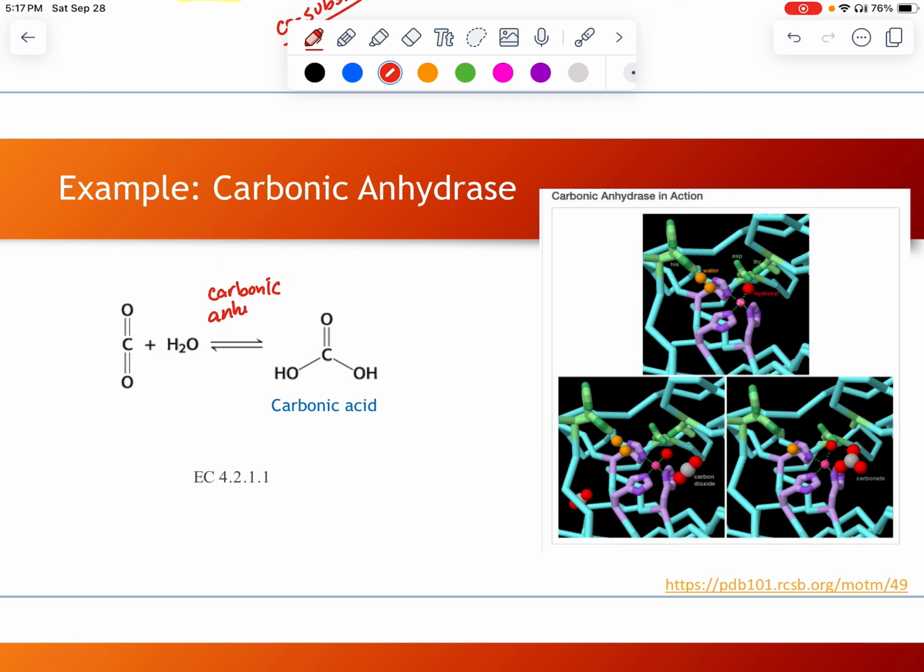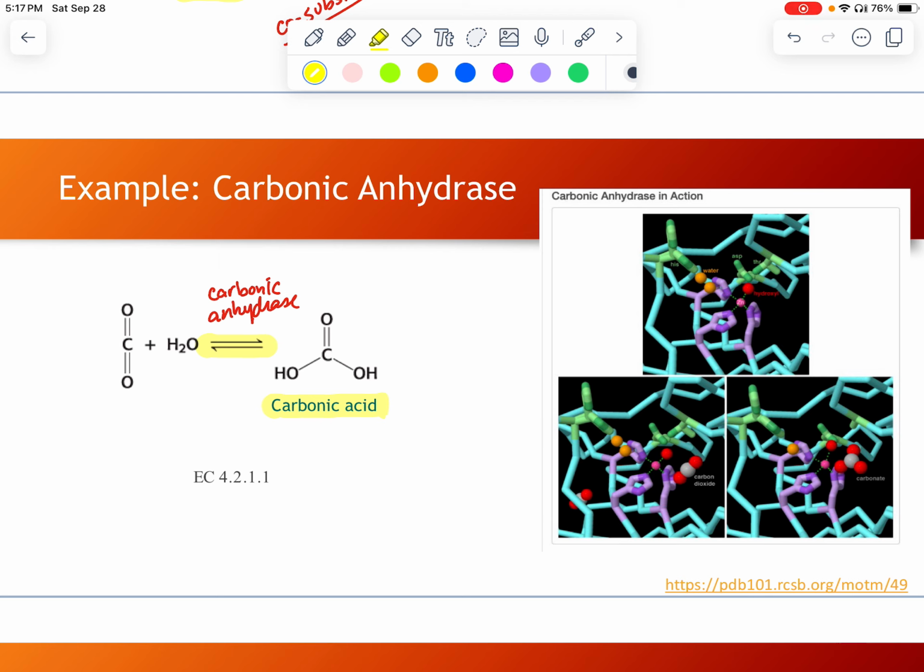Here's carbonic acid on the right, which seems a little weird because we said we name it after the substrate, but notice that our arrows go in both directions. So this reaction can proceed in forward or reverse. Anhydrase means removing water, so it can facilitate the addition or the removal of water. This reaction and this enzyme are really important in biological systems.